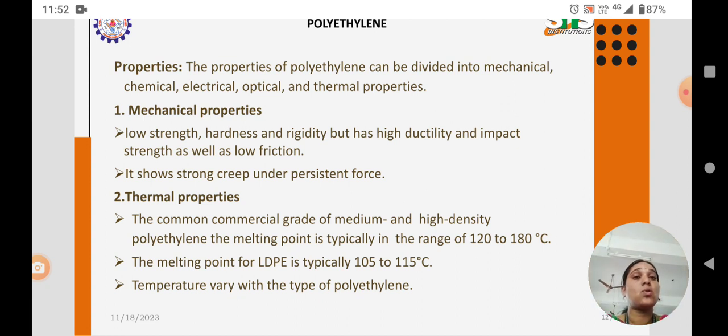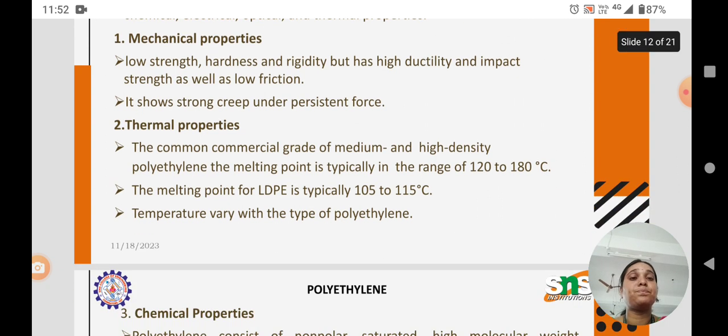It shows strong creep under persistent force. Thermal properties: for a commercial grade of medium and high density polyethylene, the melting point is typically in the range of 120 to 180 degrees Celsius. The melting point of LDPE is 105 to 115 degrees Celsius. The temperature varies with the types of polyethylene.